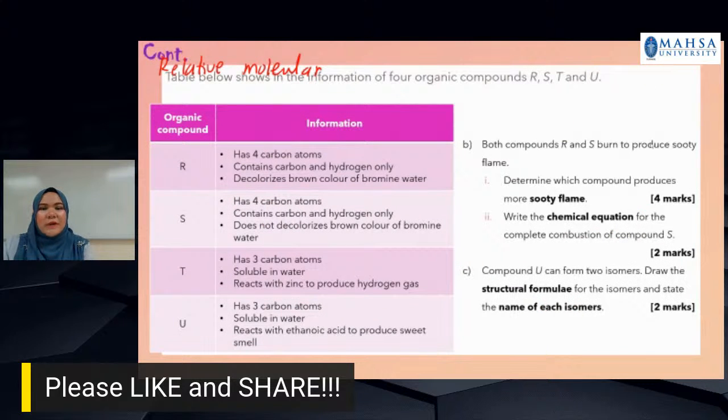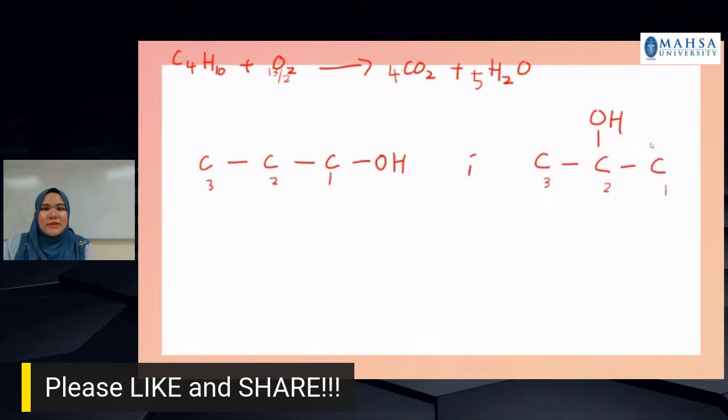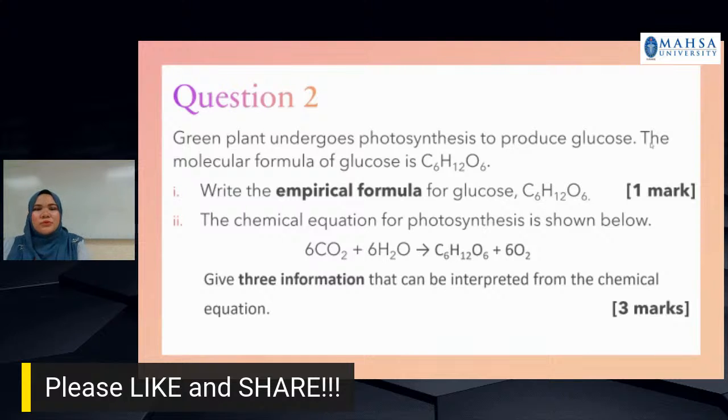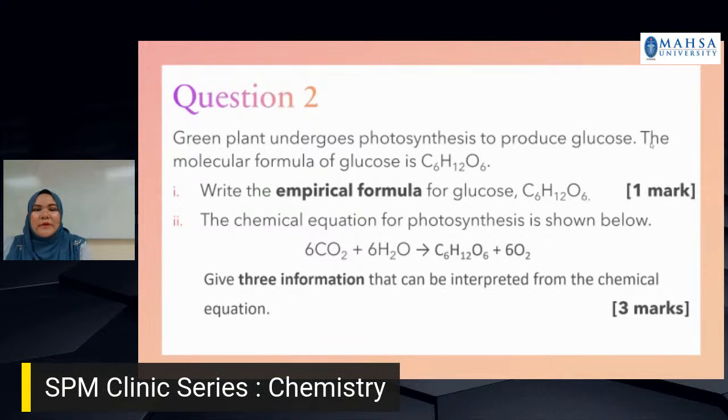So the next question is regarding the empirical formula for glucose. Okay, so you can see the green plant undergoes photosynthesis to produce glucose, and the molecular formula for glucose will be C6H12O6. So the question is to write the empirical formula for glucose.